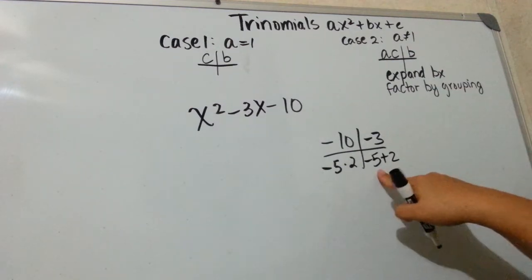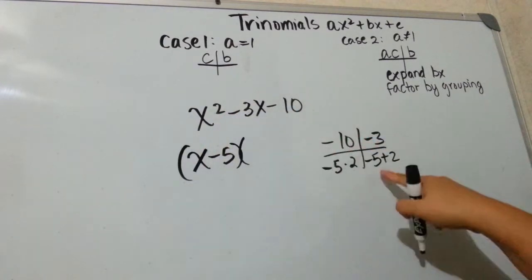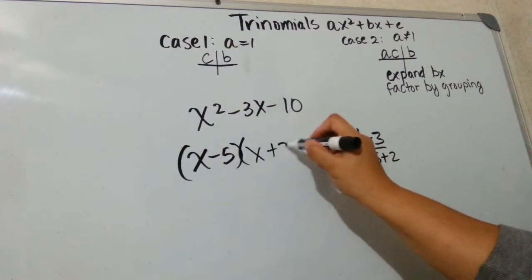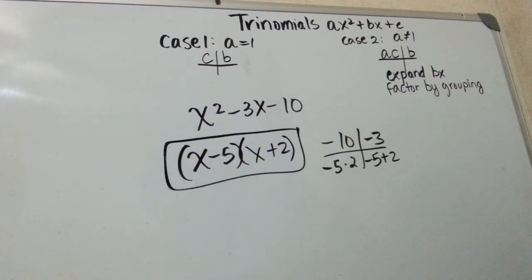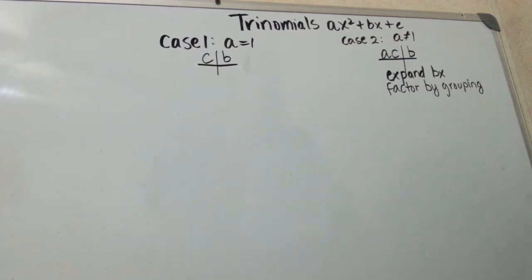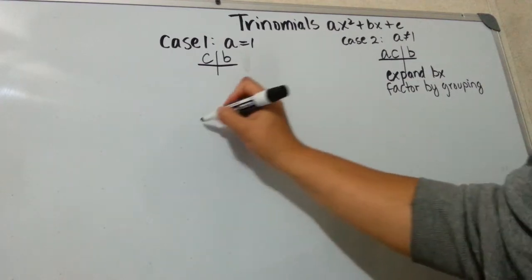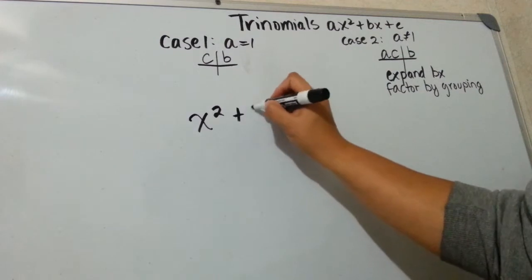And now we're done, because your answer is going to be x minus 5 times x plus 2. Yep, those are the two factors. That's why factoring can be really easy, because if you know the techniques, then you can come up with the two factors very quickly.